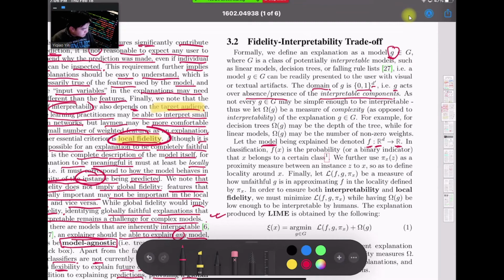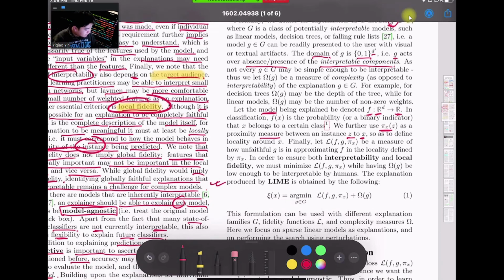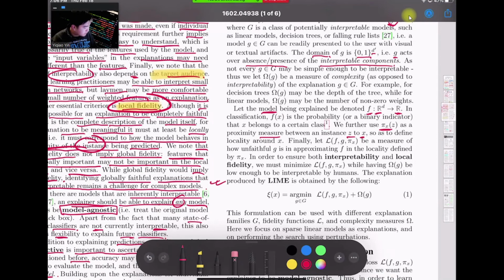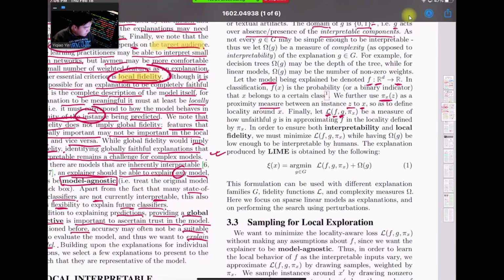Finally, there's this concept of this pi x as a proximity measure between the instance z to x. This is sort of like a distance function, right? And one thing to mention is this loss function. This loss function takes the input of your model, this f being explained, and then your g, the original black box model, and also this pi x.